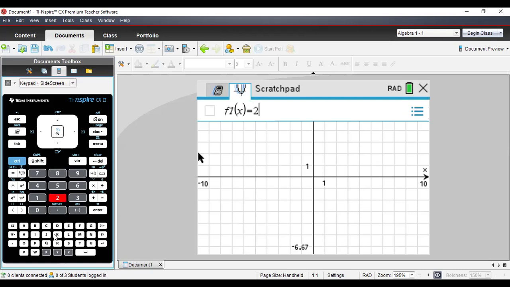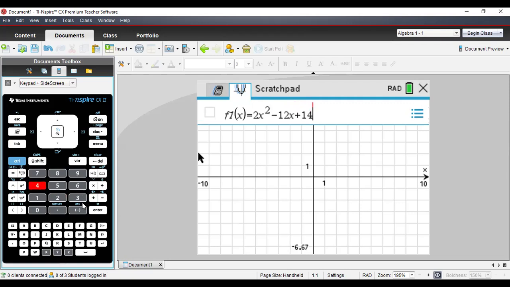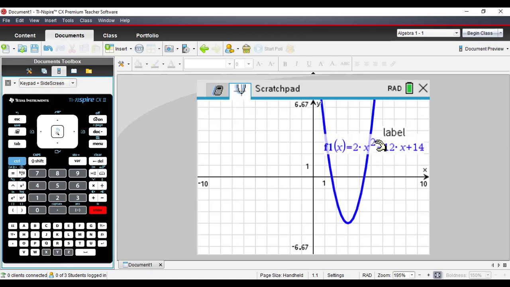So this is going to be 2x squared minus 12x plus 14. As soon as you get the function entered, you press the enter key, and that's what the graph looks like. Now, let me show you a couple quick things.